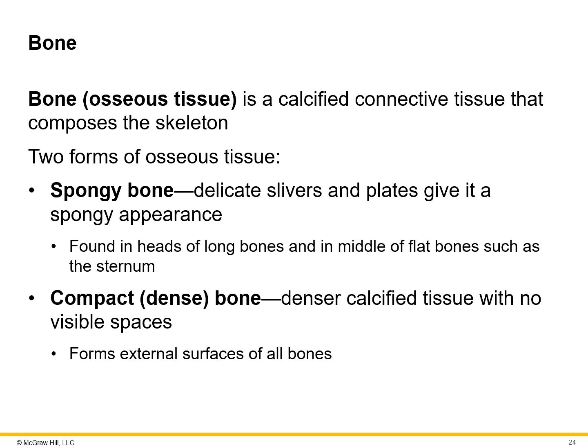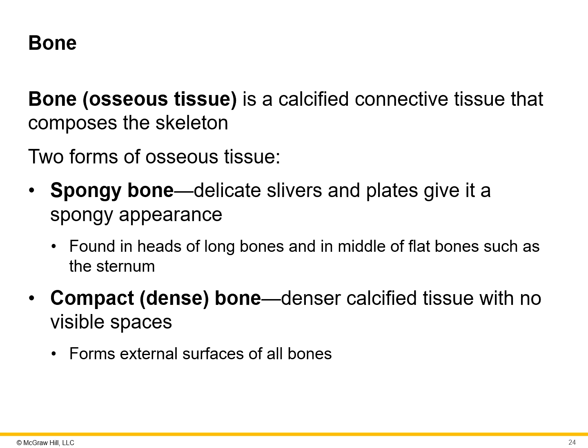Bone, or osseous tissue, is the only calcified connective tissue, and it composes the skeleton. We'll get into the nitty-gritty details, but this provides a really good foundation for our skeletal unit. When these osteoblasts are building the bone, they build two different types.